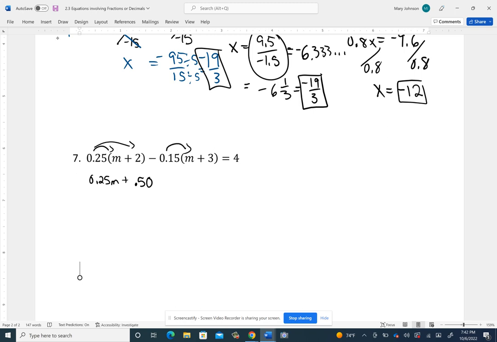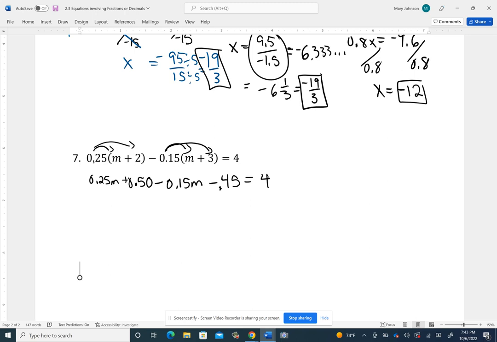Then distribute the negative 0.15. So you'd have negative 0.15m, and then negative times 3 would be negative 0.45. And then I didn't clear the fractions. I just distributed it all, so I'm just bringing down a 4 when I get finished.